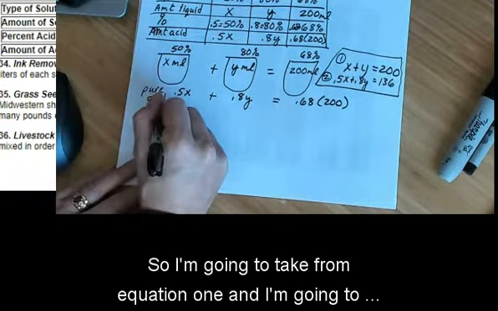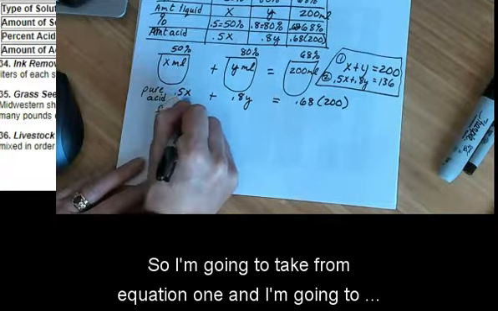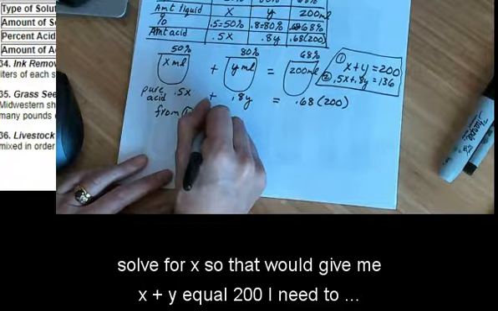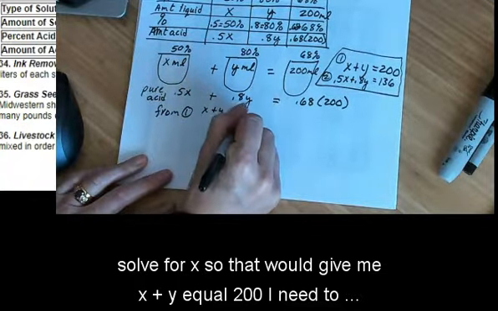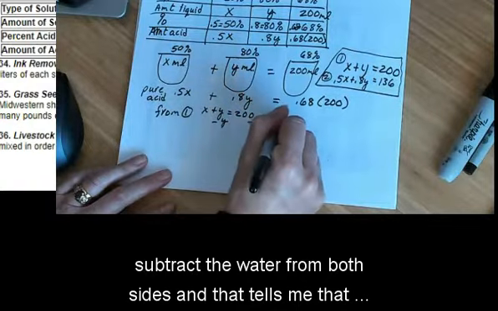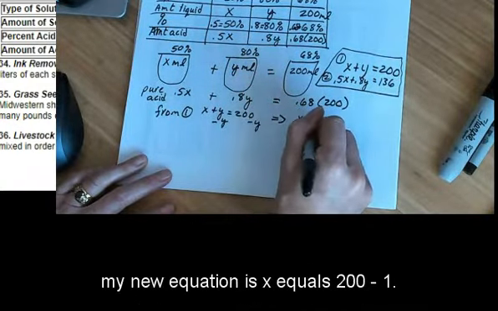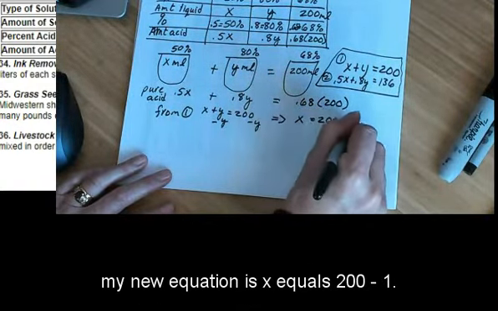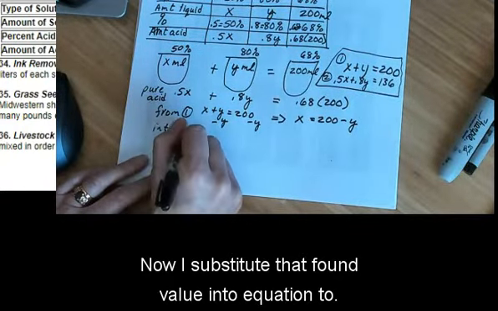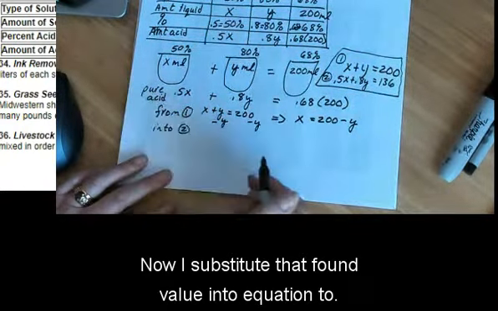So I'm going to take equation 1 and solve for x. So x plus y equals 200. I need to subtract the y from both sides. And that tells me that my new equation is x equals 200 minus y. Now I substitute that found value into equation 2.